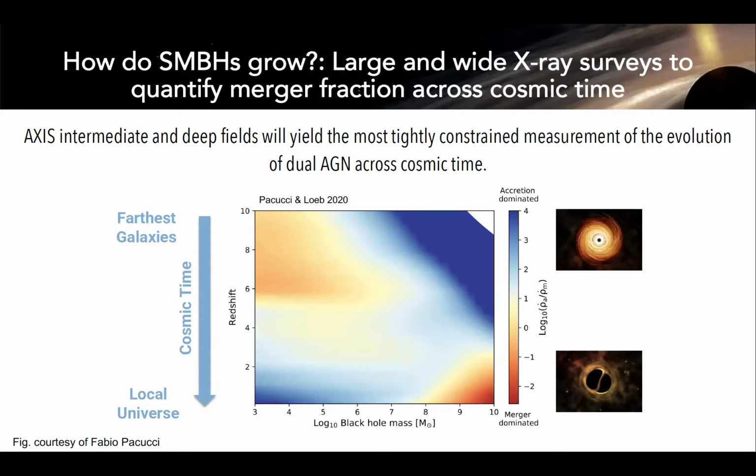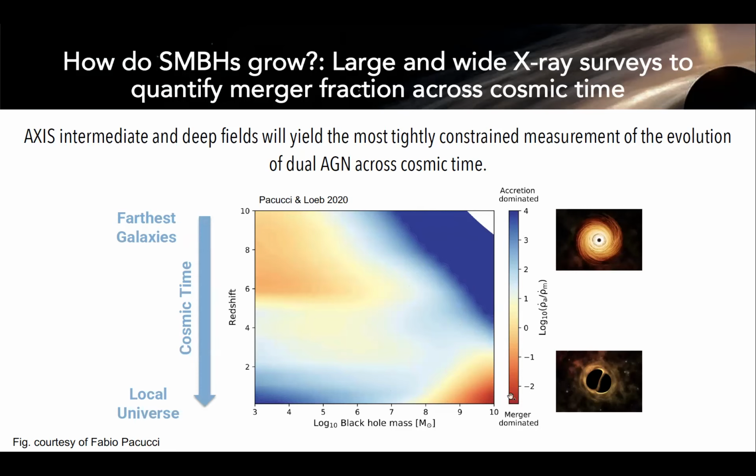So this is a figure from a paper that carried out a theoretical analysis of the growth of supermassive black holes as a function of their redshift and a function of their mass. And what they found is that for supermassive black holes in the earlier universe, their growth was perhaps accretion dominated, while in the later universe, their growth was perhaps merger dominated.